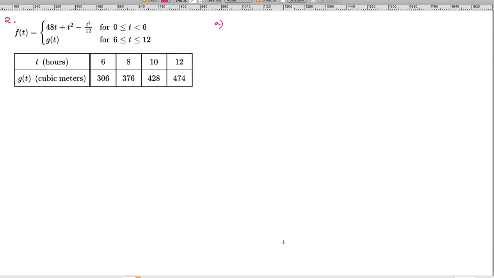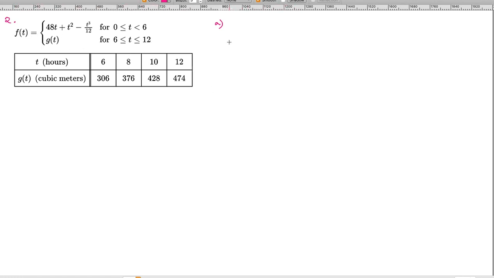Suppose that we're being asked to find the average rate of change of this function between t equals 6 and t equals 12. In order to do this, you just basically need to find the slope of the secant line for this function between the points (6, f(6)) and (12, f(12)).